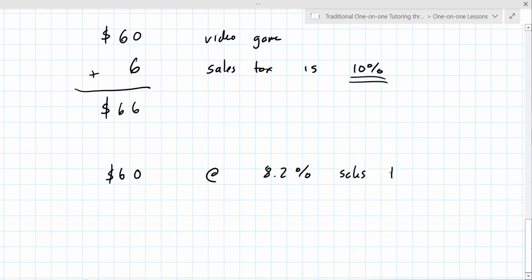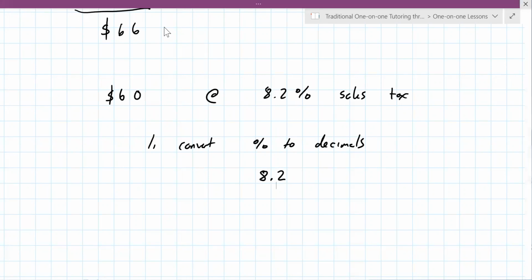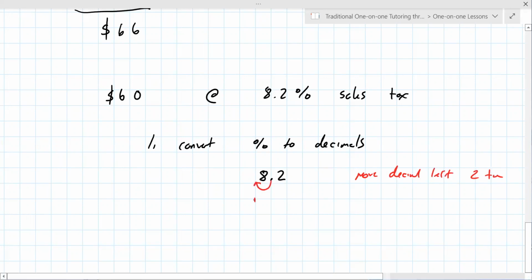Okay. So the first thing you have to be able to do is convert percentages to decimals. To do that, you move the decimal left 2 times. It goes left once, left again twice.